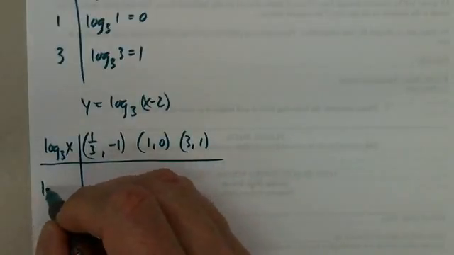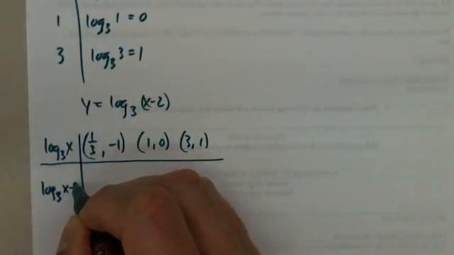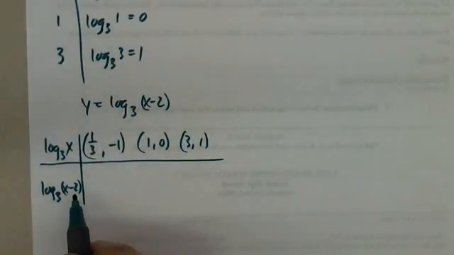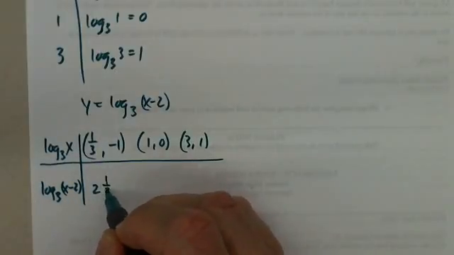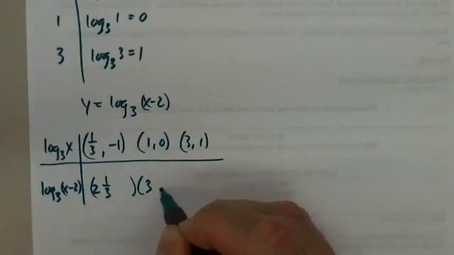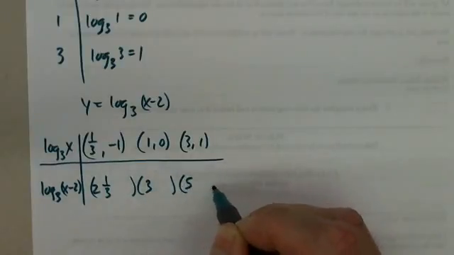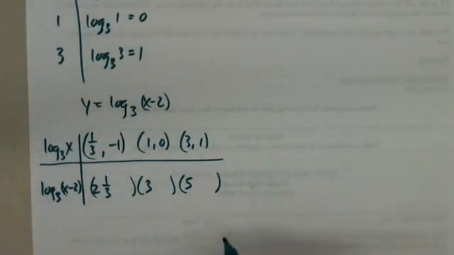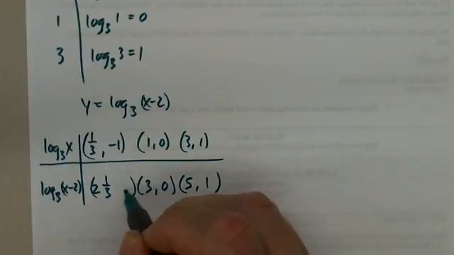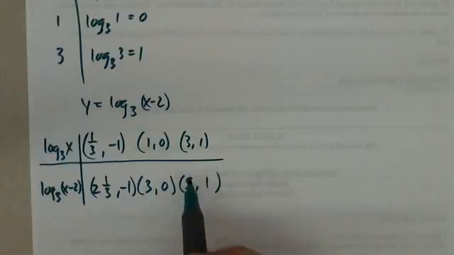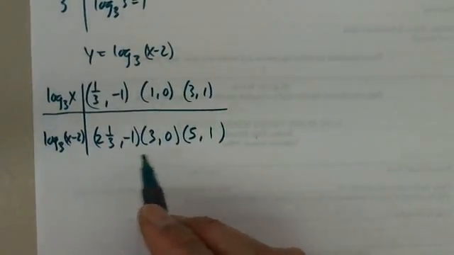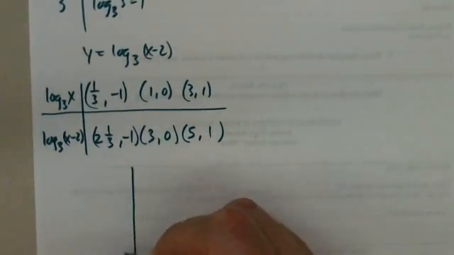And then we'll do log base 3 of (x minus 2). And this says add 2 to each x value. One-third plus 2, 1 plus 2, 3 plus 2. And now we have the points of the transformed function.